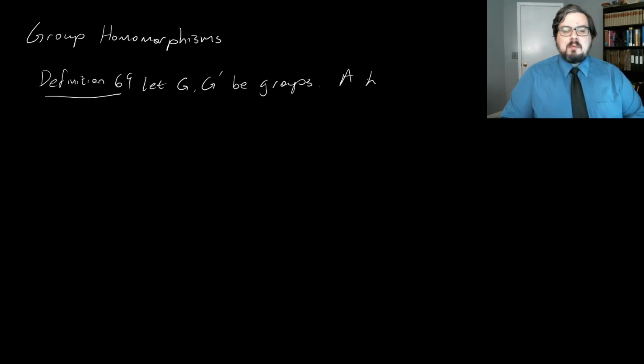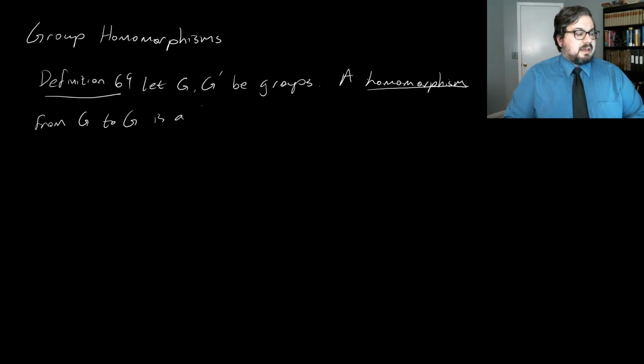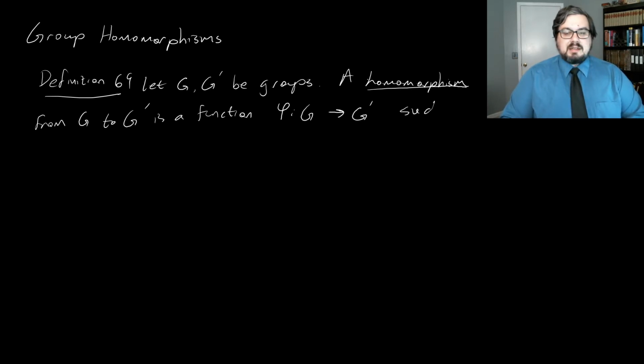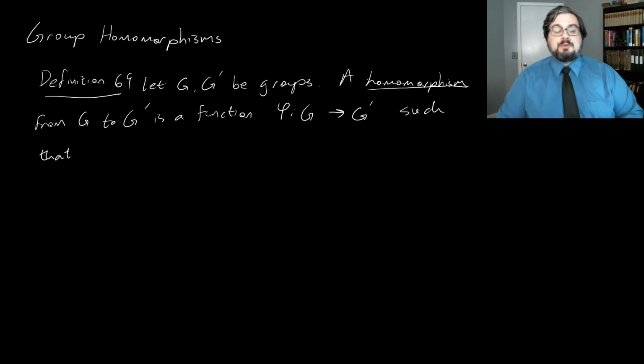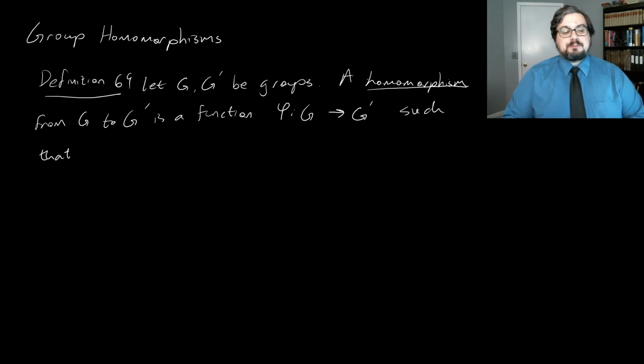A homomorphism from G to G prime is a function phi from G to G prime such that, and there's one condition that has to hold for this function phi to be a homomorphism.